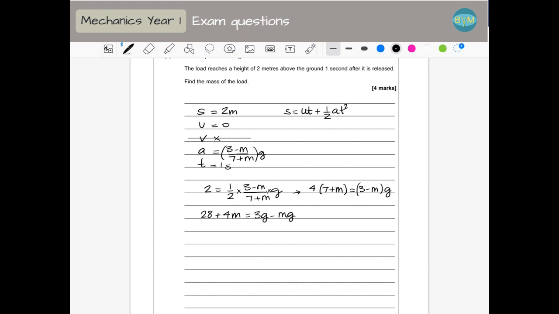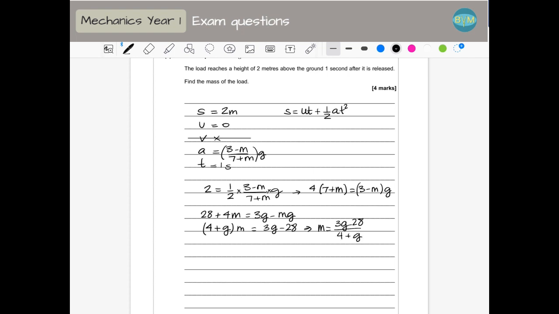On one side I have 4m plus mg, so m is going to be 3g minus 28, and from here m is (3g minus 28) divided by (4 plus g).